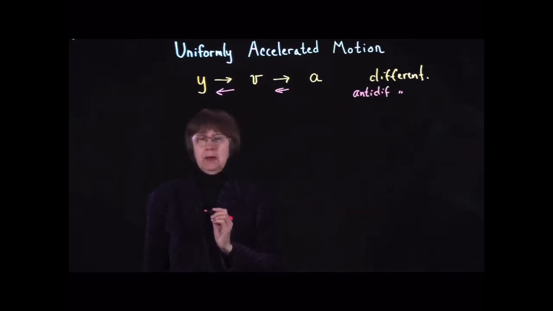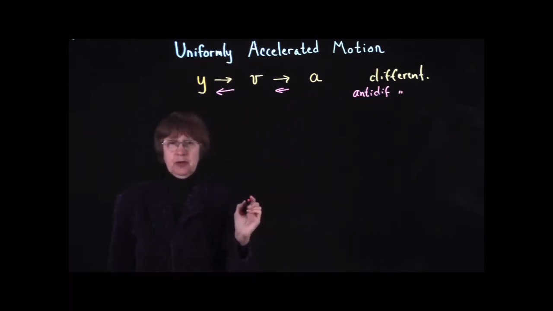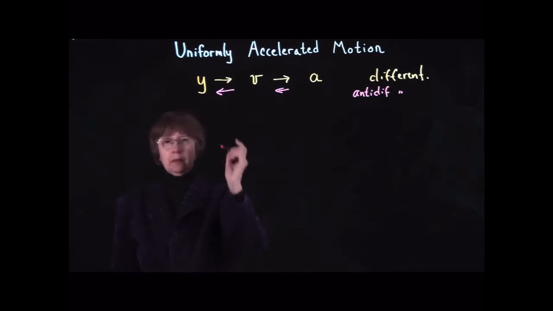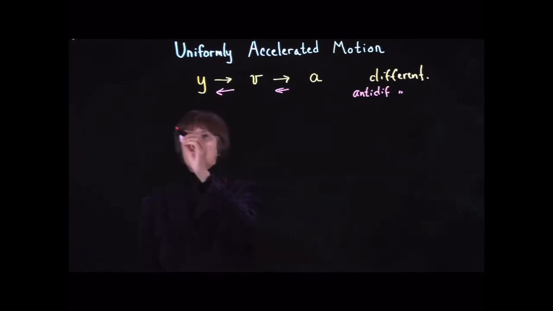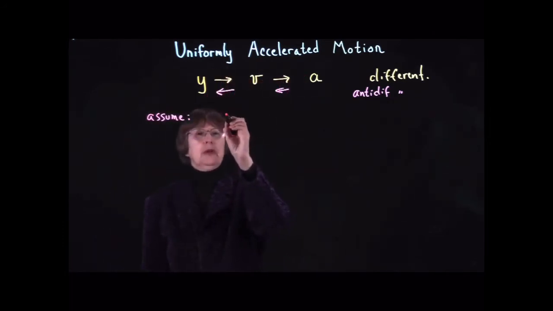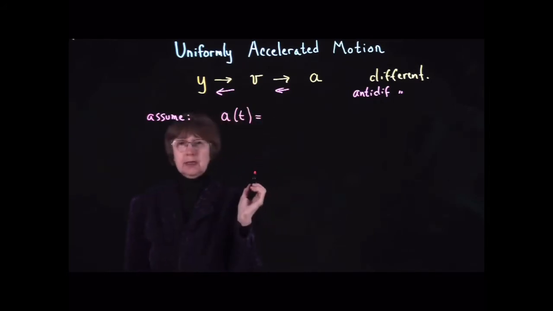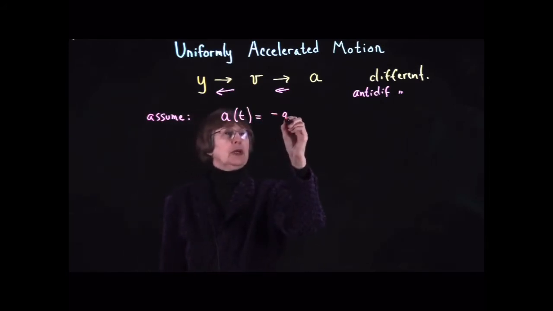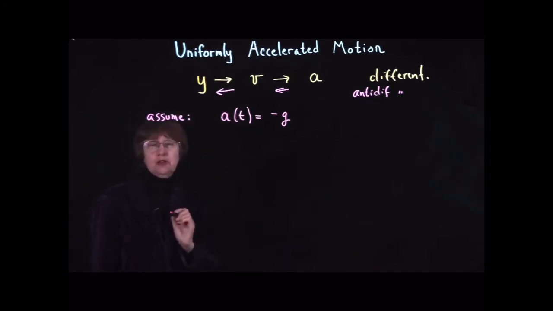In fact, in the example we do now, we're going to start with information about the acceleration and deduce something about both the velocities and the displacement. So we're going to assume what's called uniformly accelerated motion, namely that the acceleration at any given time is constant, and in fact, we'll denote it as minus g, where g here stands for the acceleration due to gravity.